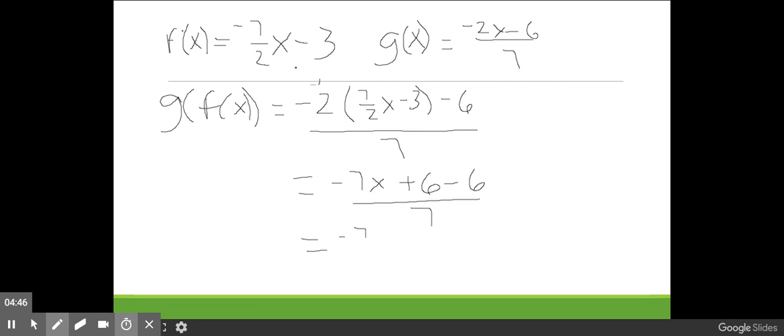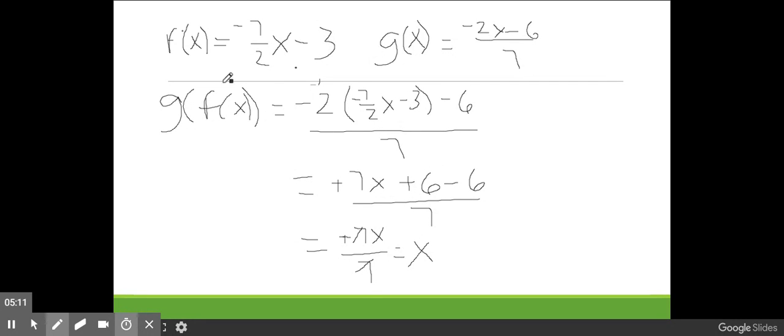So we're left with negative 7x over 7. And actually, this should be a negative, so this should actually be a positive 7. Fix that. And then 7 over 7 cancels out, so we are just left with x.